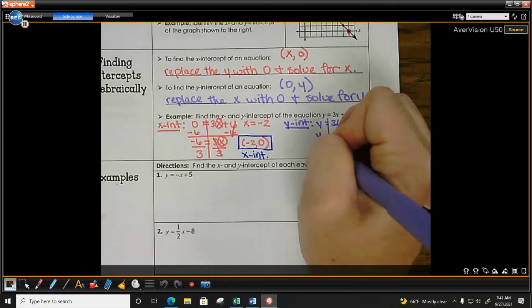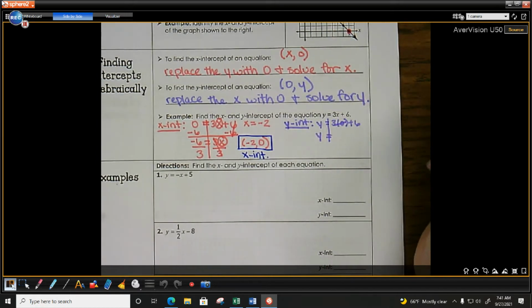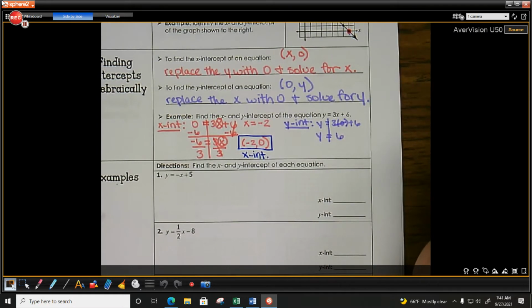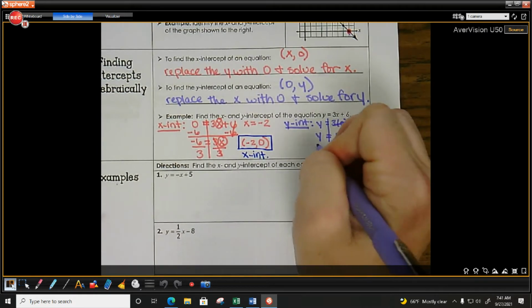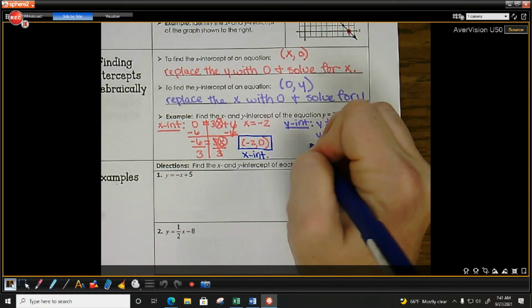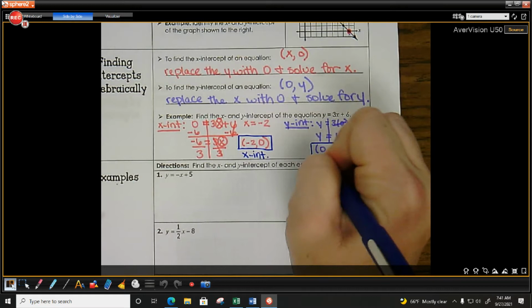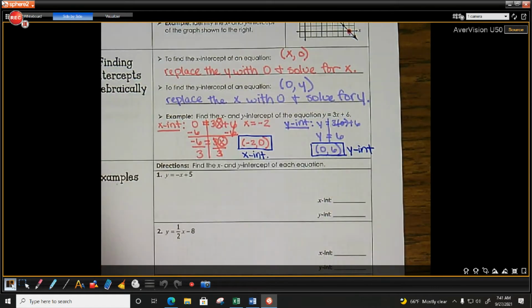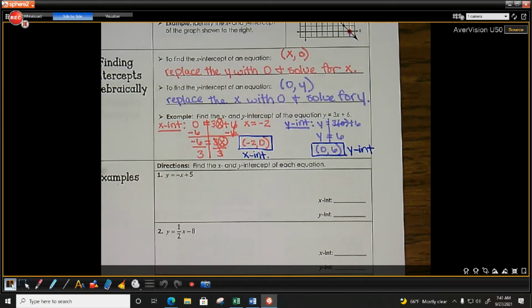So y is 6. Good job. So how do I write that as an ordered pair? 0, 6. And that is your Y-intercept. Now, why is this useful, guys?